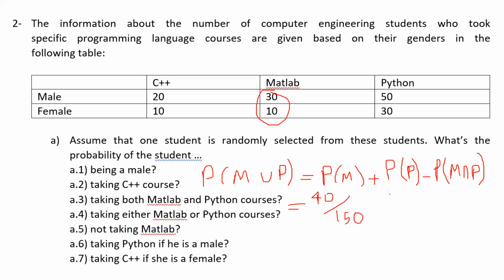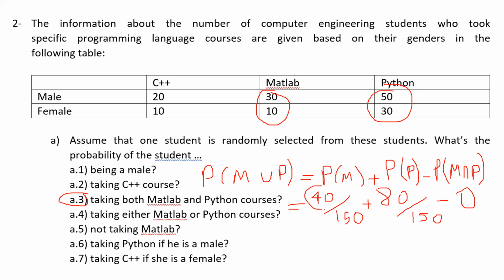And what about taking Python? The summation of these two together. So 80 over 150. And what about their intersection? In the previous question, question number 3, we showed that this is 0. Okay, so here, that would be a problem?